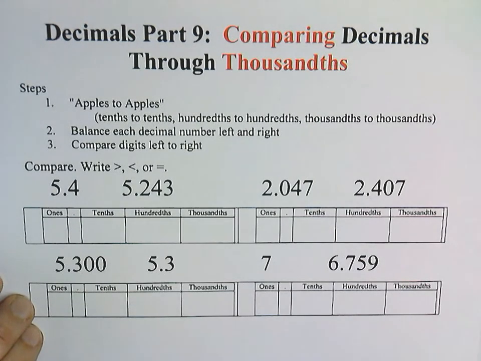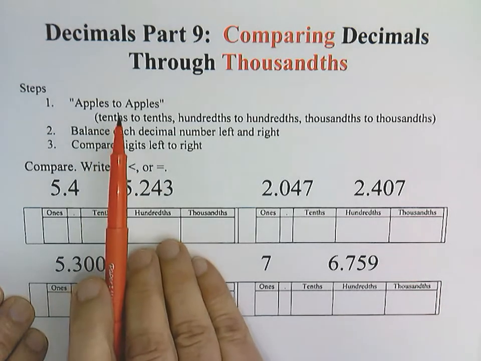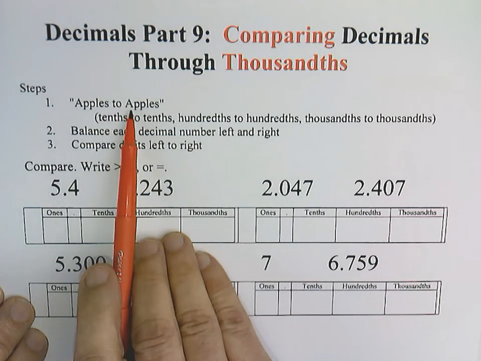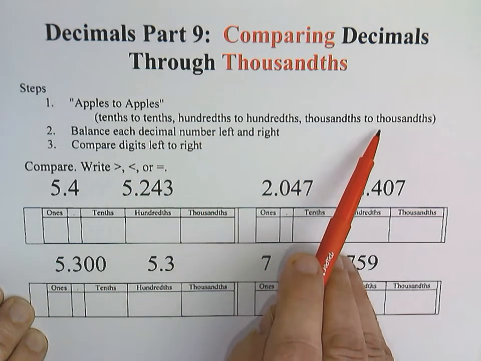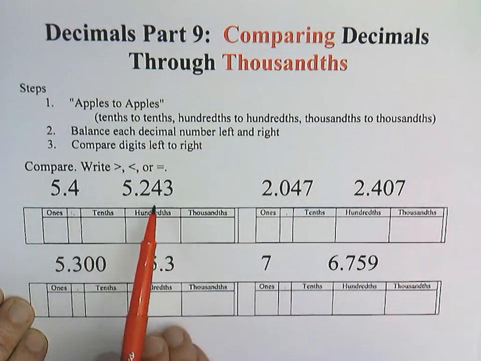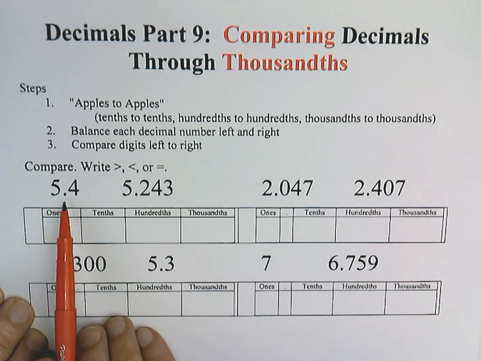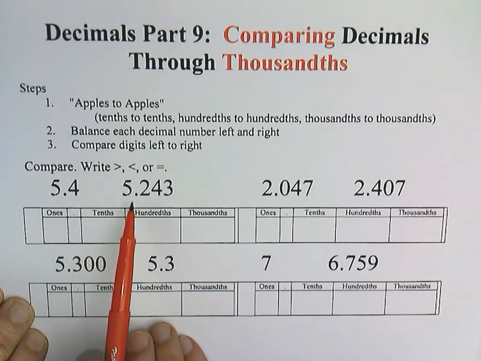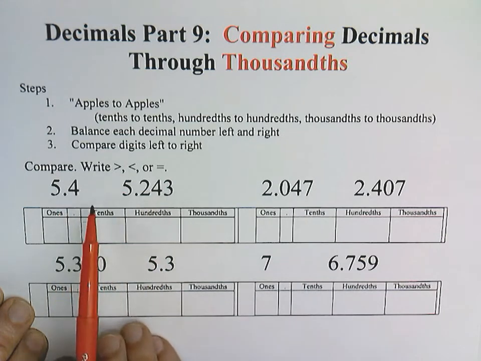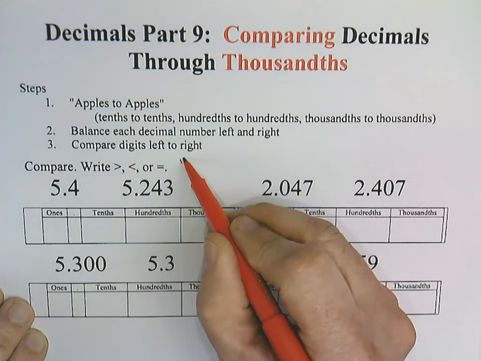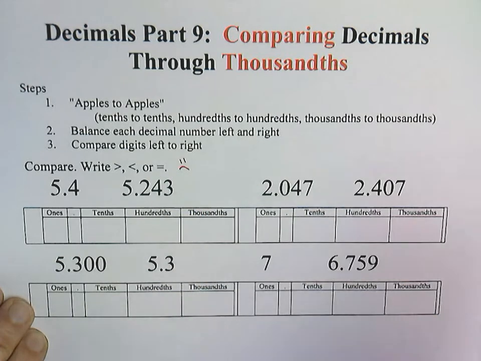Here we go. Here's some more of our thousandths. Remember, apples to apples. In other words, tenths to tenths, hundredths to hundredths, thousandths to thousandths. So we have to make sure we're balanced. 5 and 4 tenths compared to 5 and 243 thousandths. Are we balanced? No, we are not balanced. Balance is key, right? So we're going to balance it.